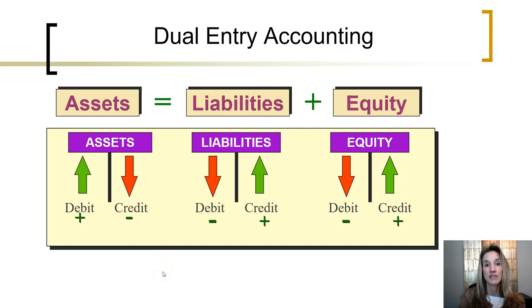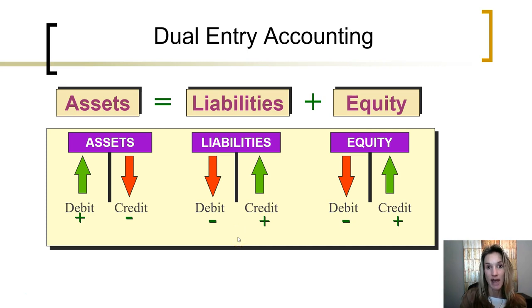Now, when we look at the different types of accounts, assets, liabilities, and equity, they are going to be affected differently by the debits and credits. Asset accounts always have an increase on the debit side. So if we want to increase an asset account, we need to debit it. If we want to decrease an asset account, we need to credit it.